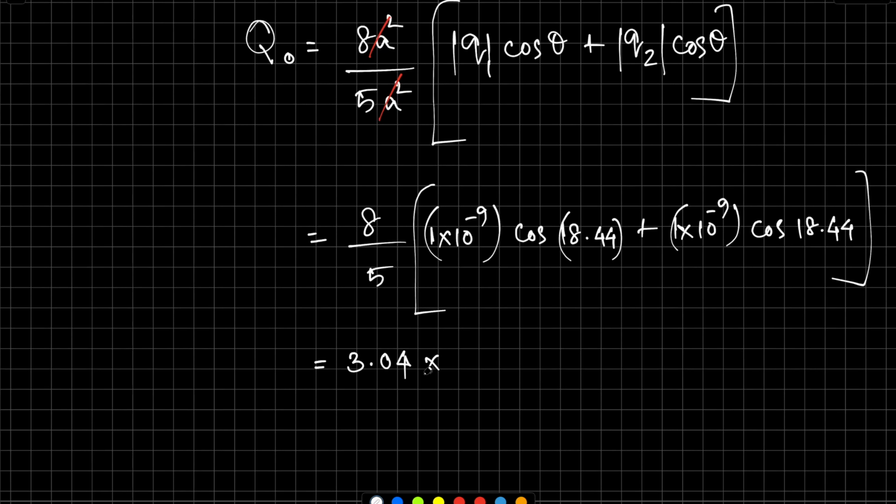That gives 3.04 times 10 to the power of minus 9 coulomb. 10 to the power minus 9 is nano, so it's 3.04 nanocoulomb, approximately 3 nanocoulomb.